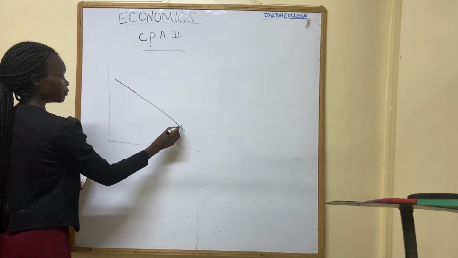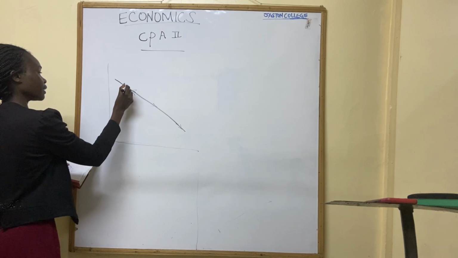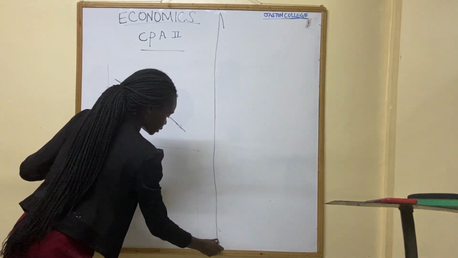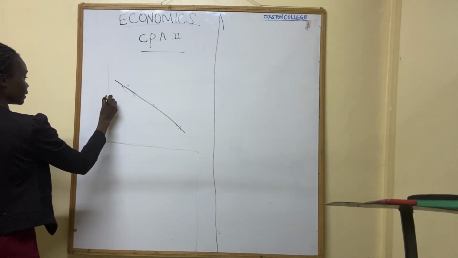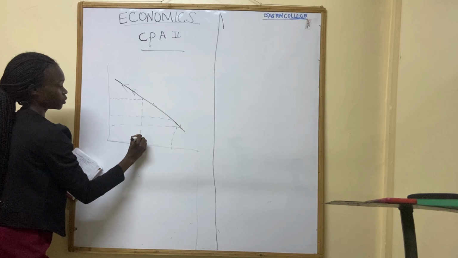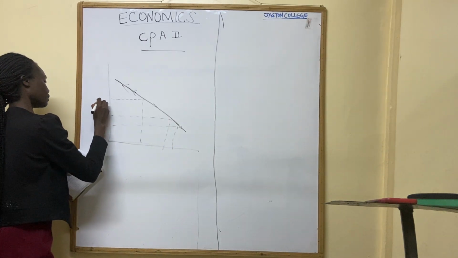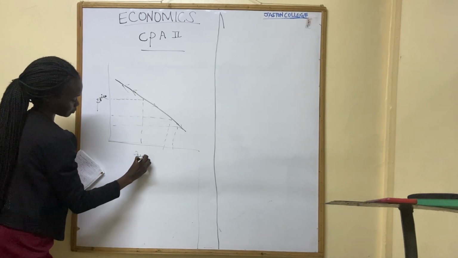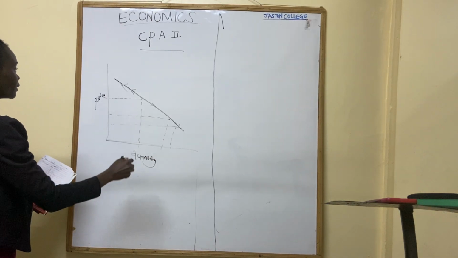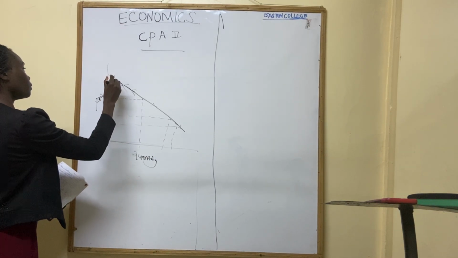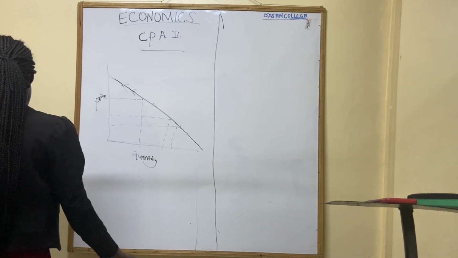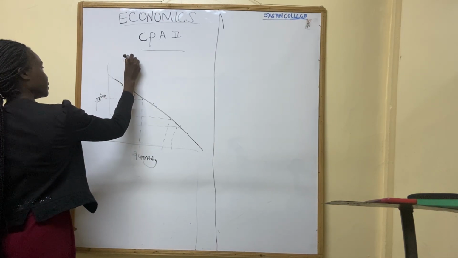We are going to start with a movement along the demand curve. A movement along the demand curve is movement from one point to another. This is price and this is quantity. A movement along slopes from the right side to the left side. And this is movement along.